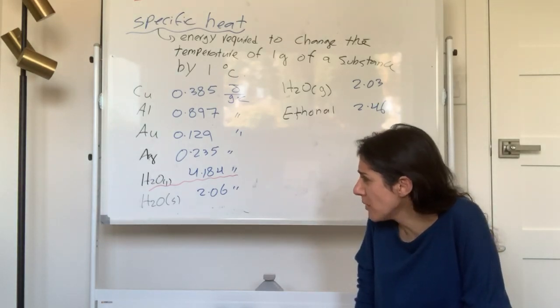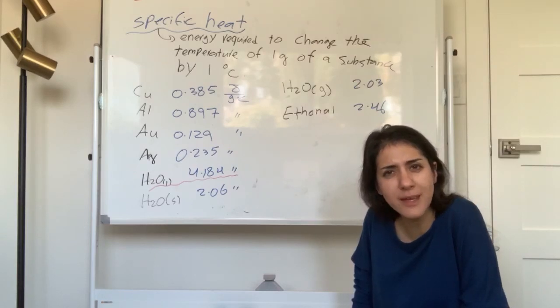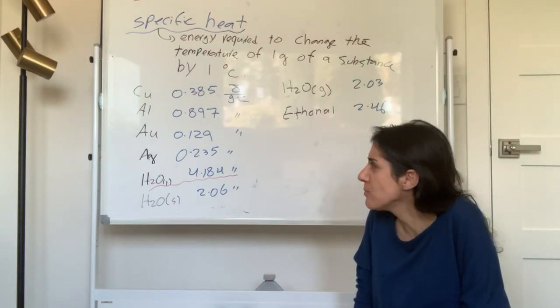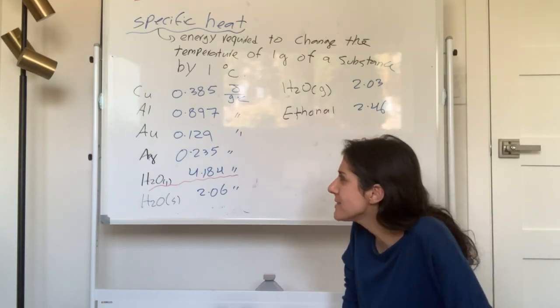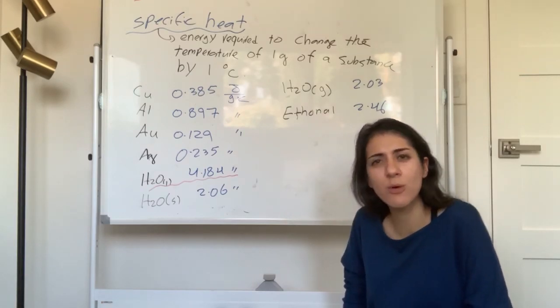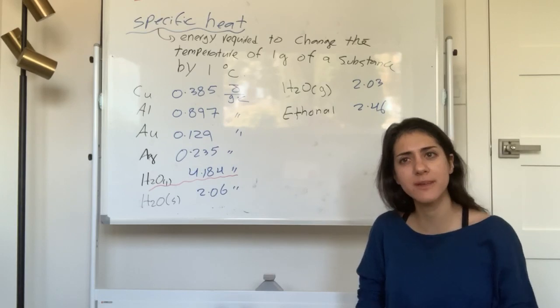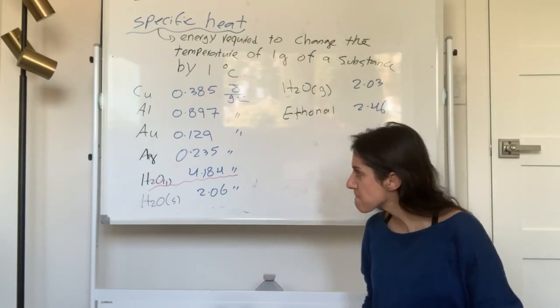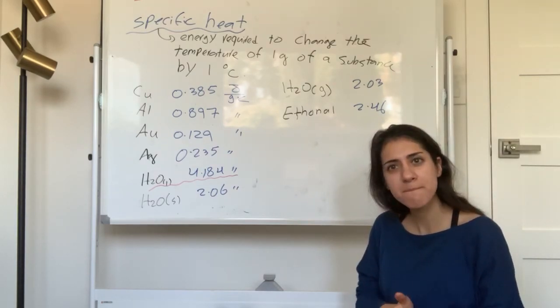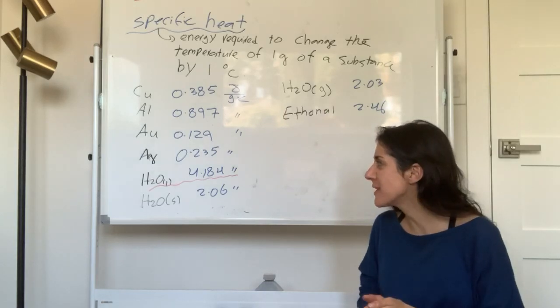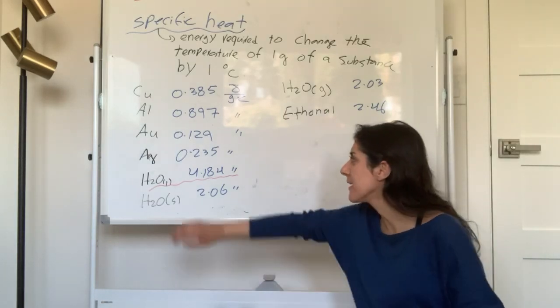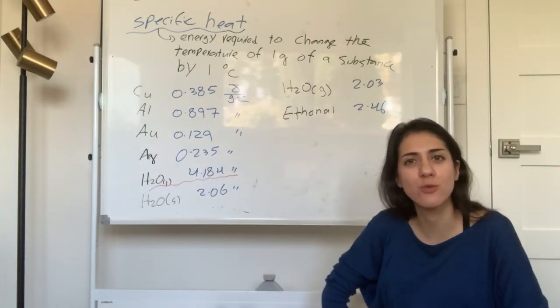Copper, aluminum, gold, silver? What do you think? Which one would be better? The one with the lowest specific heat or the one with the highest? Don't pick the one in the middle, highest or lowest. Which one is going to be the best one? Now, what are you thinking? Yeah, if you can have a cooking pot made of gold, that would be great.